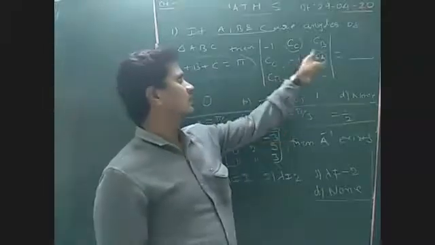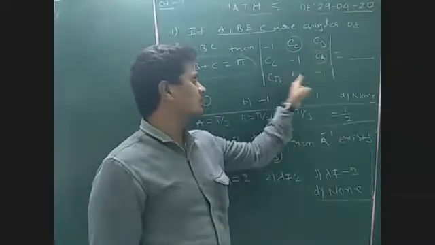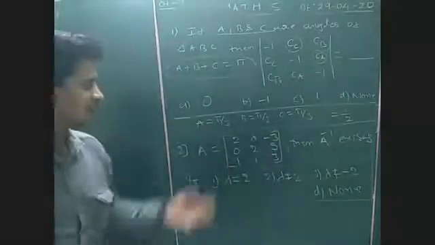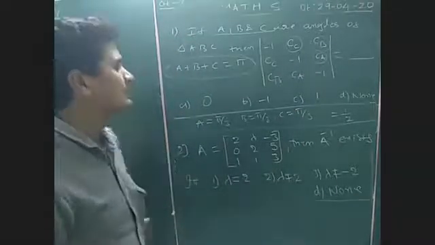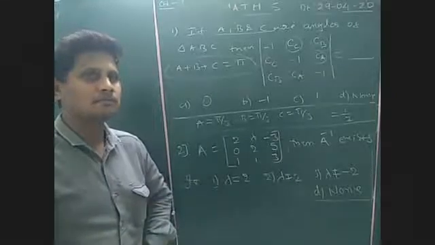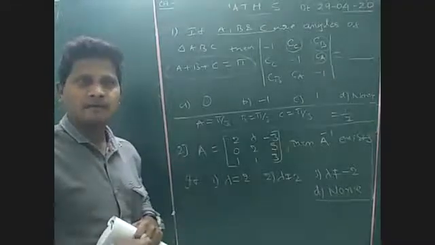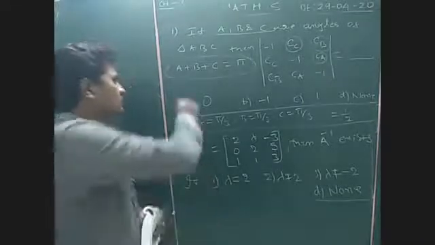With 90, this becomes 0. Just 1 by root 2, 1 by root 2, like that you can also take and simplify. So for the first one, yes, 0 is the right answer.